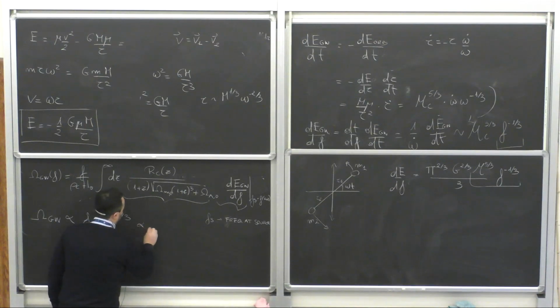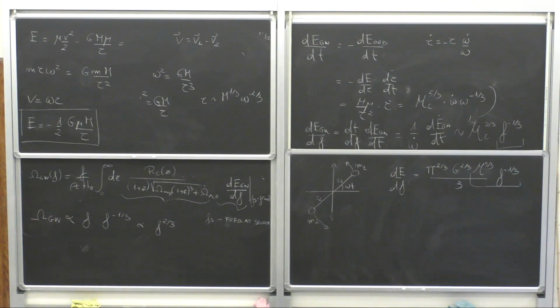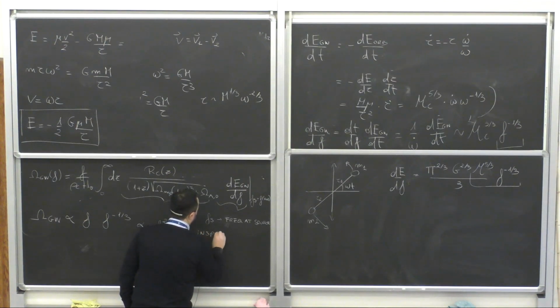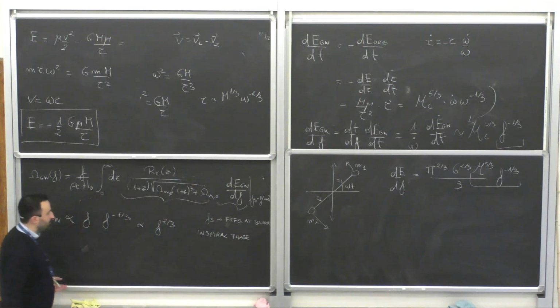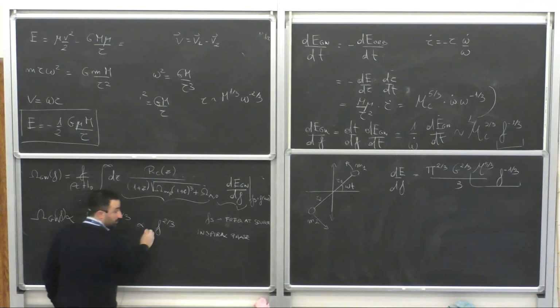This is telling you that whenever you have two bodies inspiraling, this is valid in the inspiral phase. I'm not considering merger and ringdown and so on. So your omega for an astrophysical background will always go as f to the 2/3.